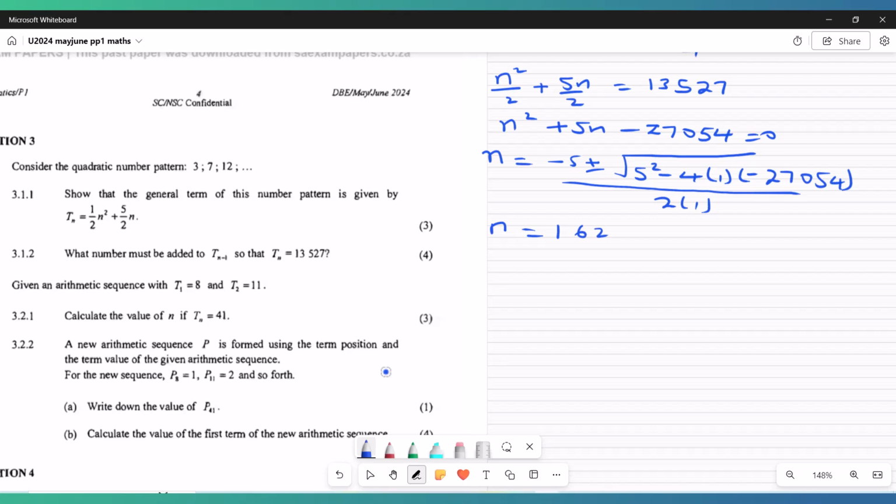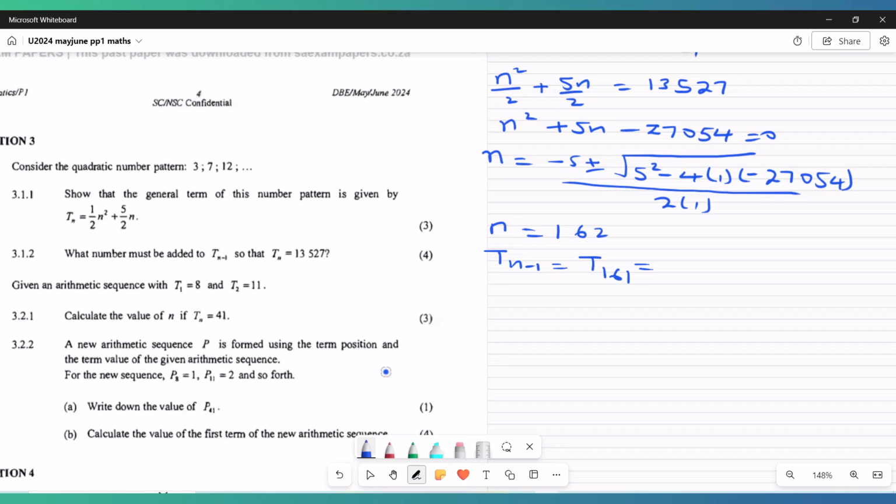Now because I have my n as 162, to find Tn minus 1, I'm just going to say Tn minus 1 is the same as saying T of 161, because 162 minus 1 is 161. So T161, I'm going to come back and substitute here. Where I have n, I'm going to put 161.